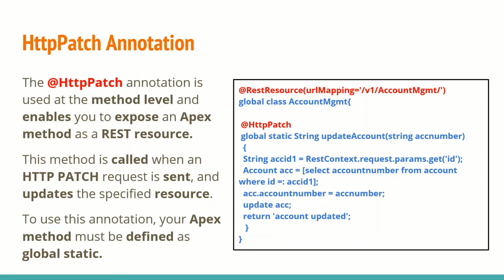The method should be global and static. In the same manner, we can update any record. We will just get the number or ID of that particular record which exists in the system, which we want to update. Then we can assign it and update that particular record.